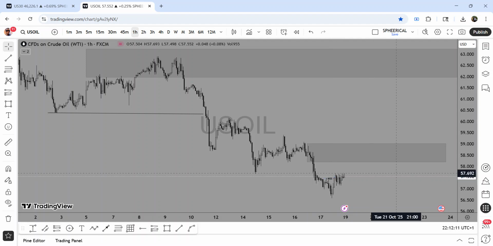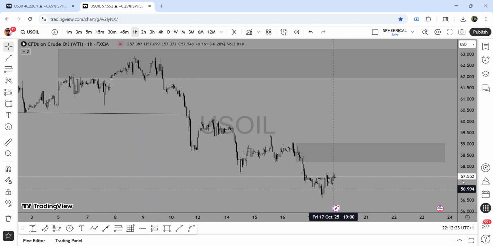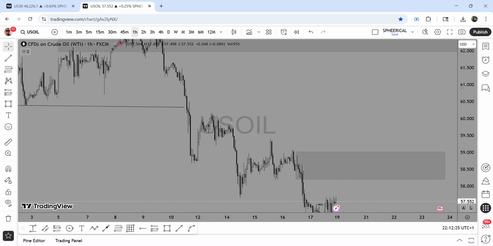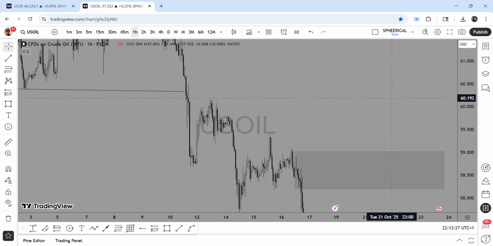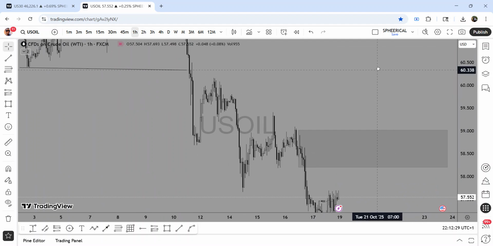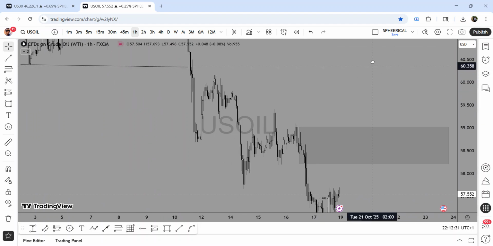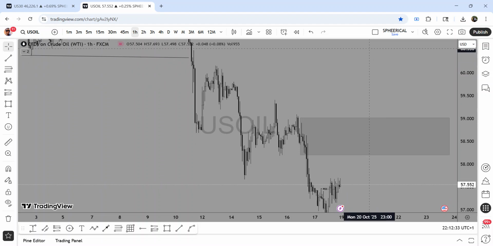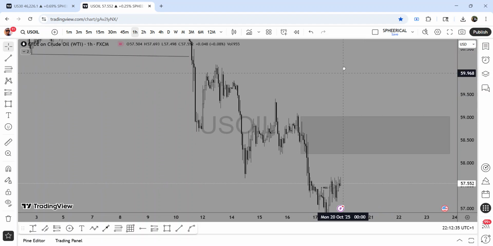So we'll have there our market structure shift. Then this is the last lower low. Market swept it and moved up, breaking the lower high. And is there any point of interest we are seeing? Let me zoom more. Let me know if there is a point of interest like an order block or demand zone. Definitely there is a demand zone there. As far as the market shifted structure, there is a demand zone there.